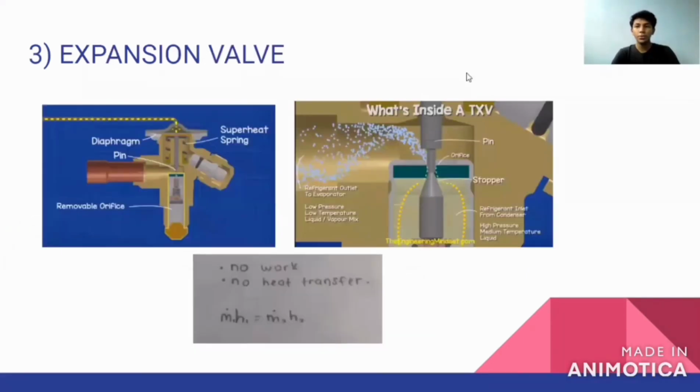So I will continue with the analysis of the expansion valve. This is how it looks. The expansion valve is used to lower the temperature and the pressure of the liquid refrigerant. After it flows out from the expansion valve, it will produce a low pressure, low temperature saturated mixture of refrigerant.